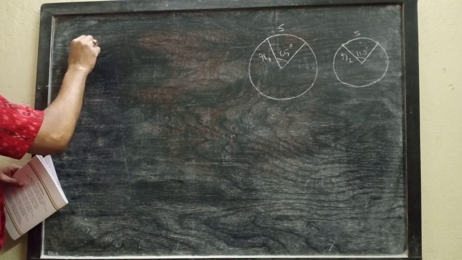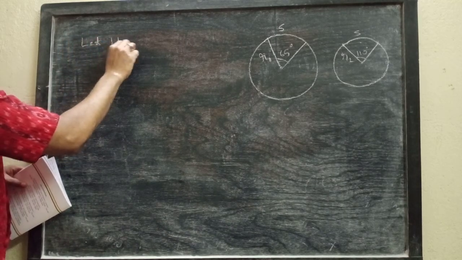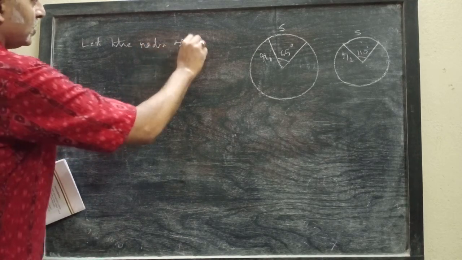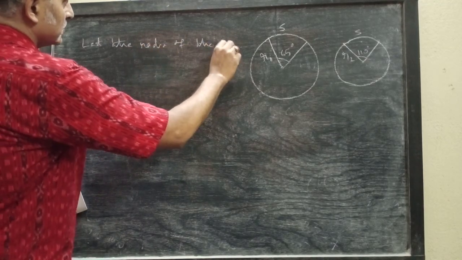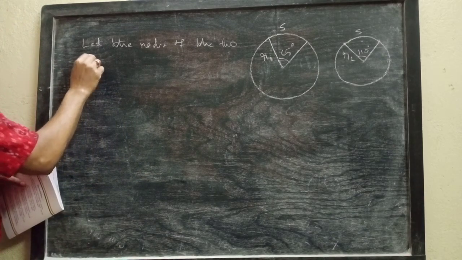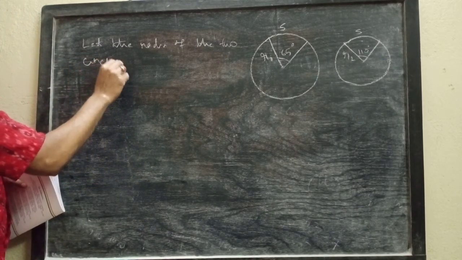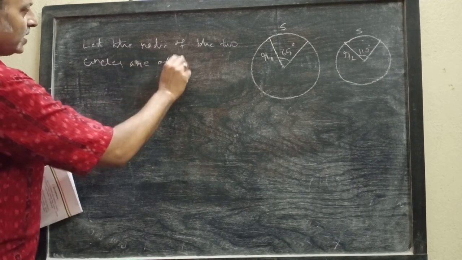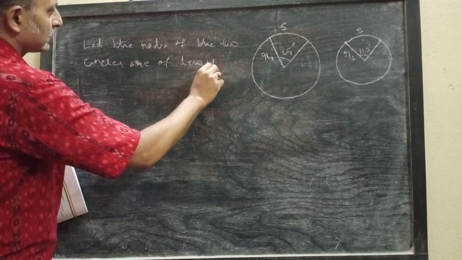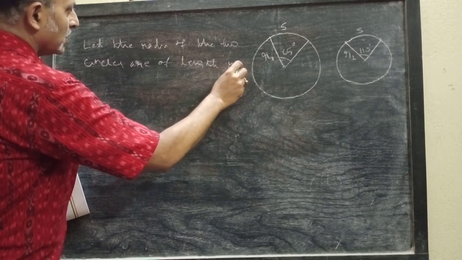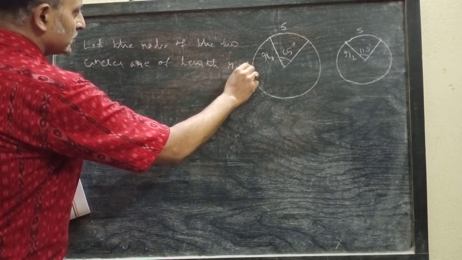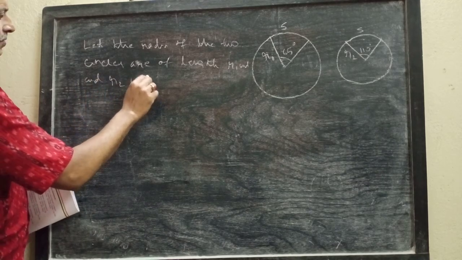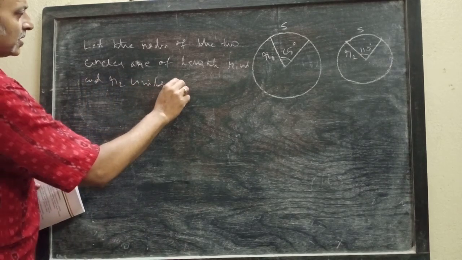Now let the radii of the two circles be of length R1 unit and R2 units respectively.